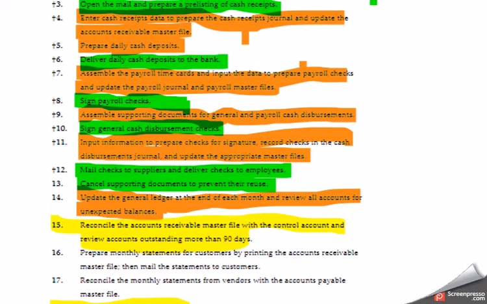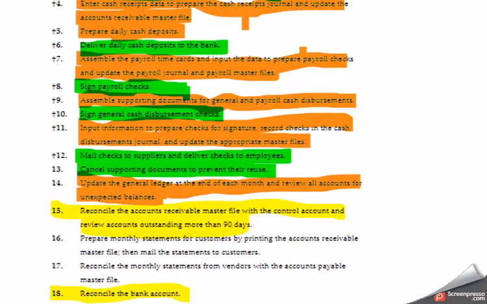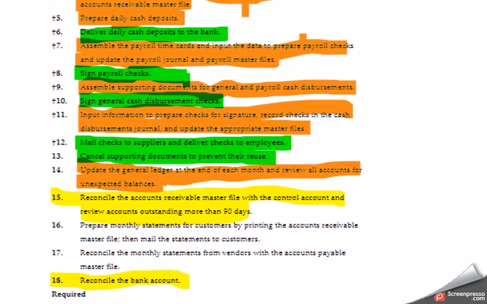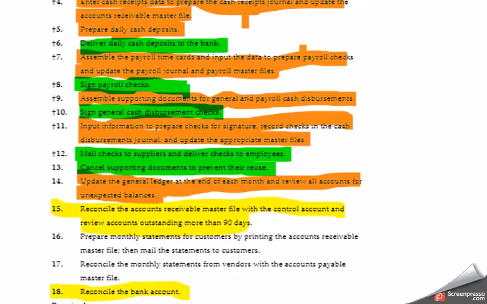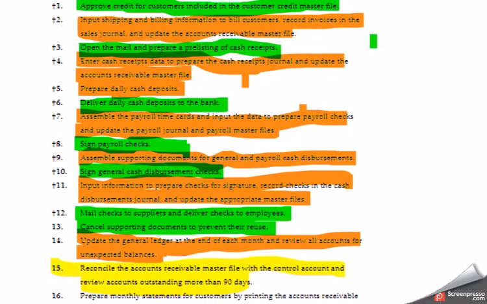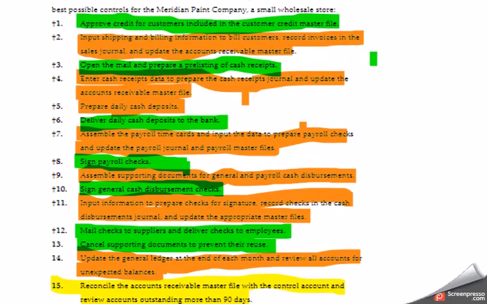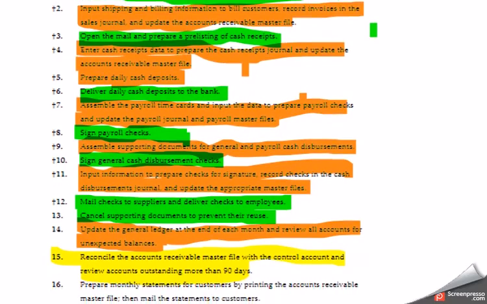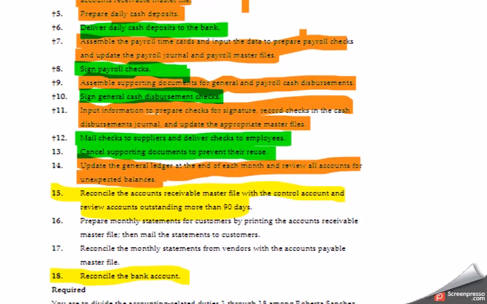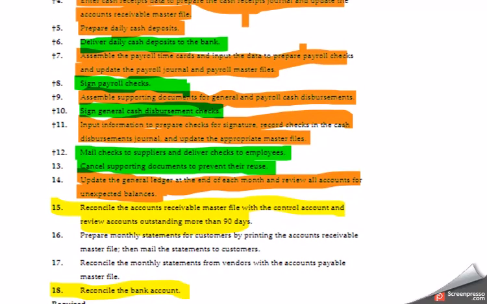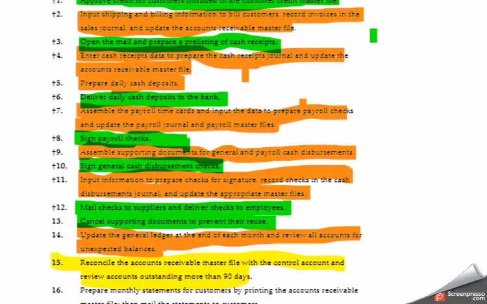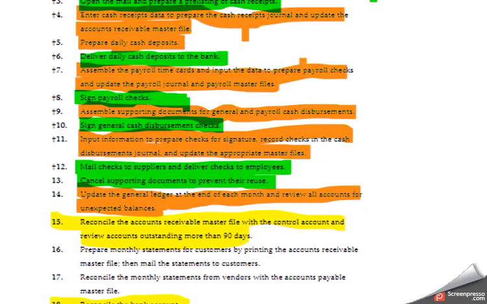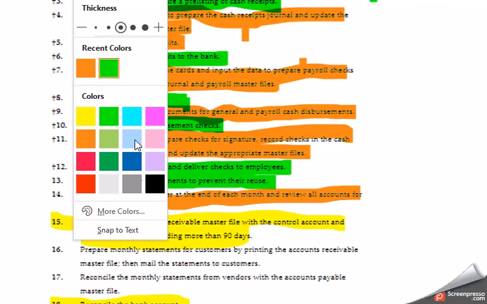So if we go back up and say the person who is doing most of the transactions, I think that the orange person was preparing the accounts receivable. She was billing the people. So let's have the green guy be the one who actually prepares those monthly statements.